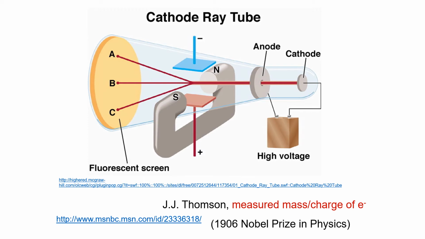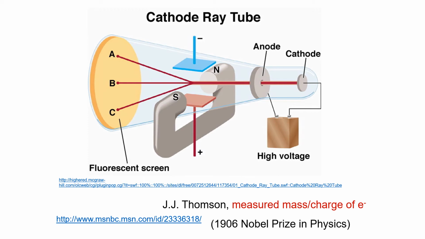So this is a deflection away from the southern pole of this magnet. When the electrical plates are on and the magnet is off, then this stream of particles hits at position C. And so that's a deflection away from that negatively charged plate.